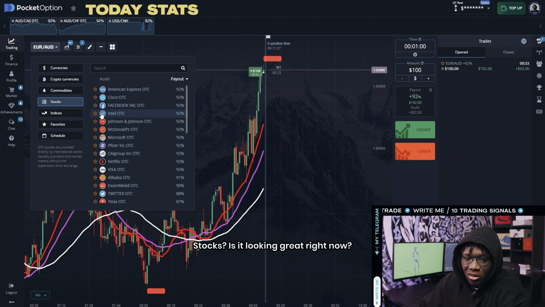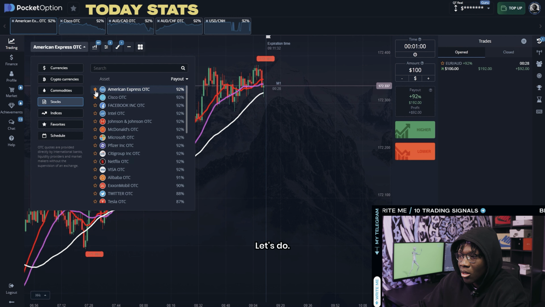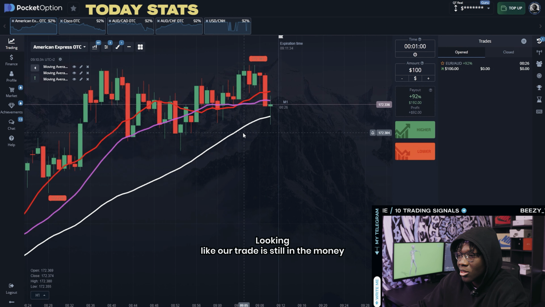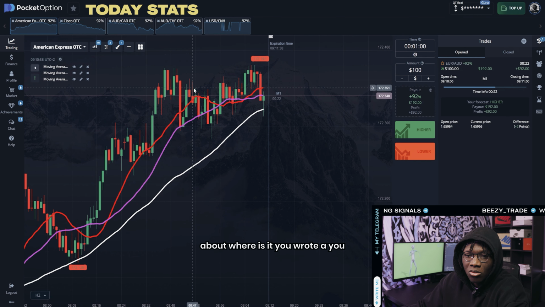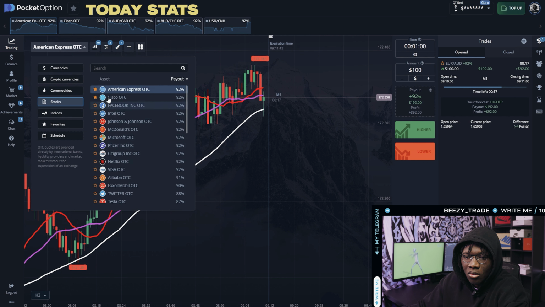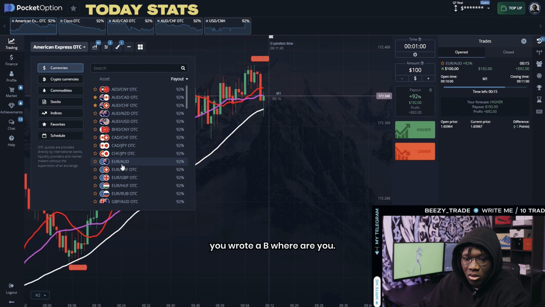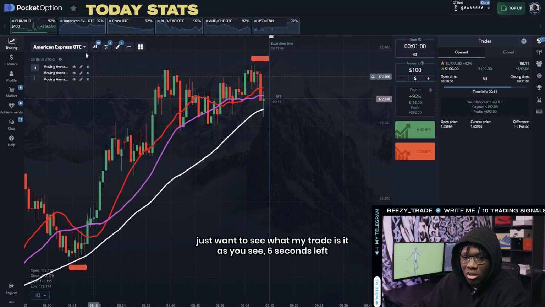The stocks aren't looking great right now. All right, looking like our trade is still in the money. What about Euro AUD? Didn't add it. Euro AUD, where are you? Let's look right here. Just want to see what my trade is at.